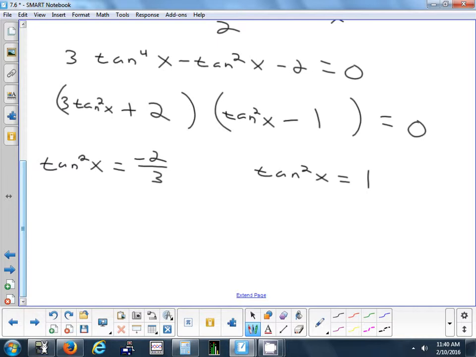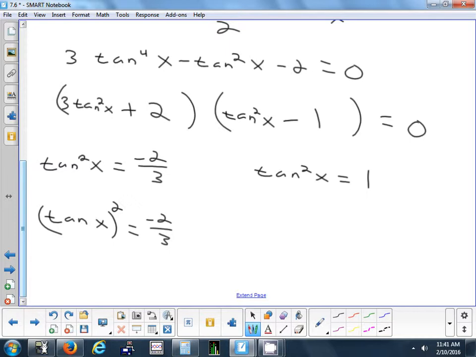Okay, any thoughts about that left-hand equation? Tangent squared x equals negative 2/3. Well, think of it this way. You take the square root of both sides.